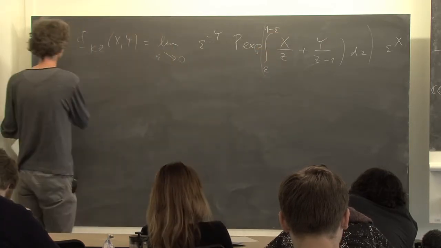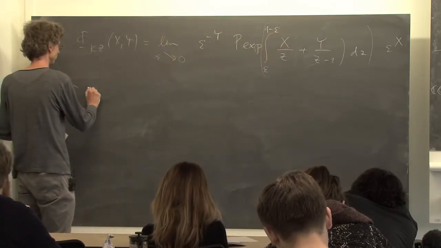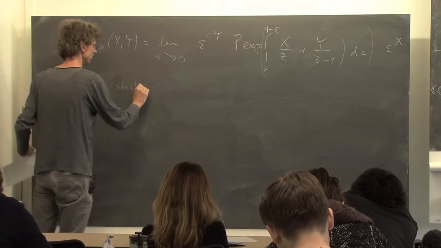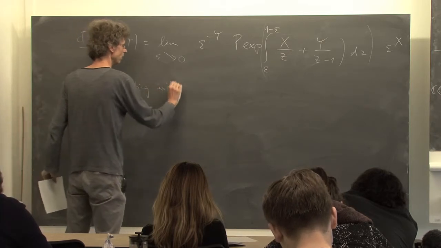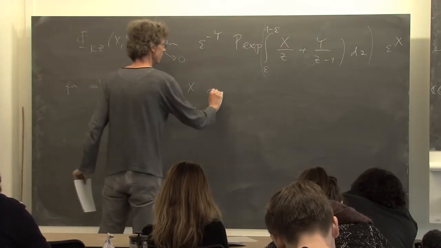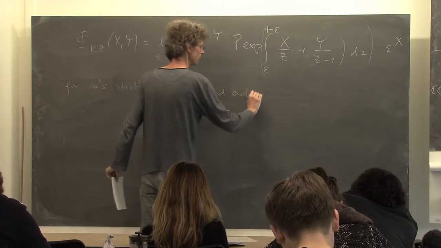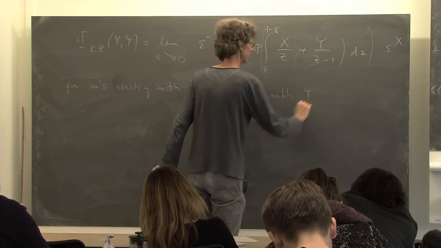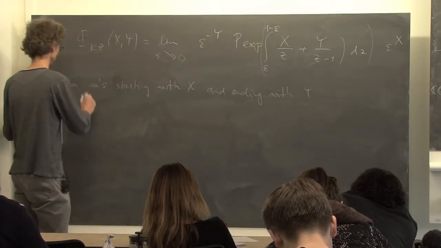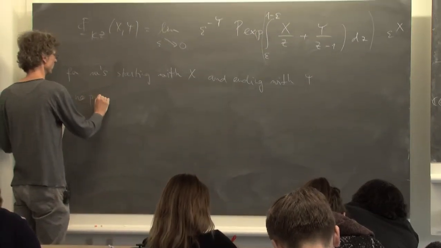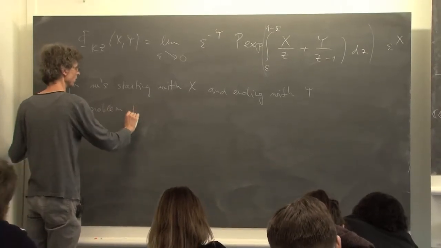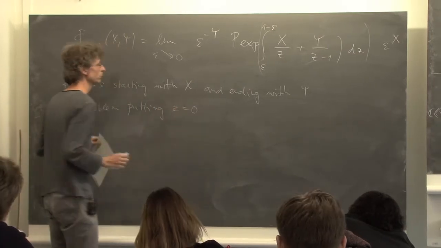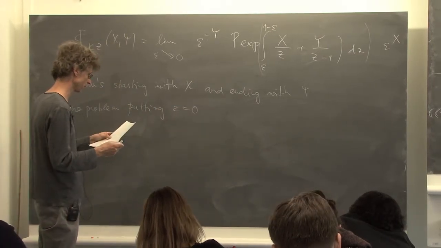So for words w starting with X and ending with Y, there is no problem. Putting epsilon equal to 0, so I have probably some example here.